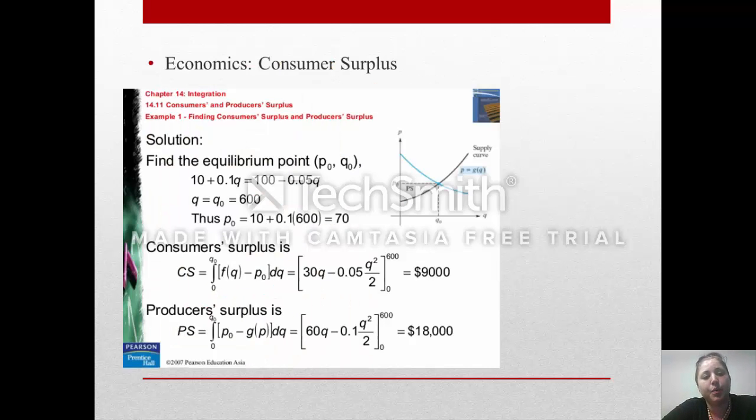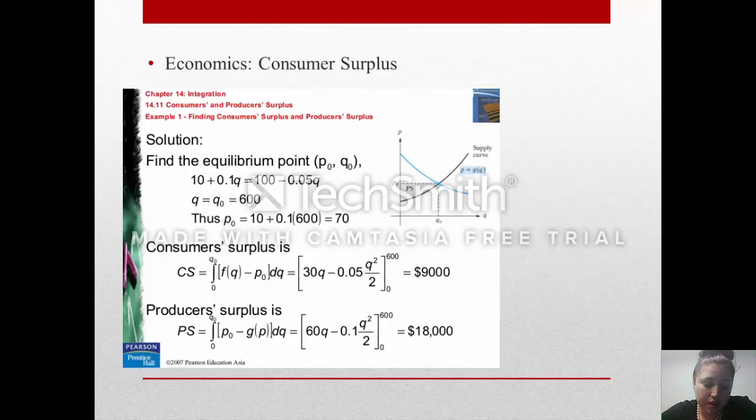Another real-world example would be through economics, in consumer surplus and producer surplus. In this example, what we're trying to find is consumer surplus and producer surplus. From the graph right there, first we have to find the equilibrium point, which is Q naught, P naught. We set the two functions equal to each other to find Q naught, and once we find Q naught, we can find P naught.